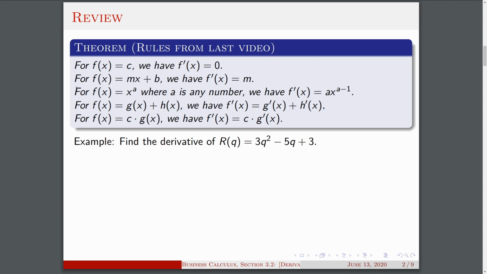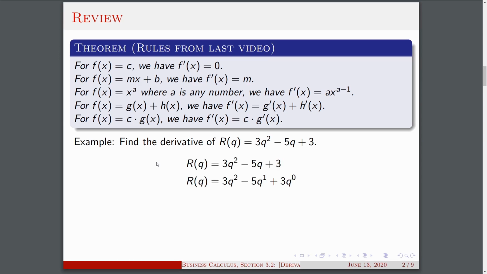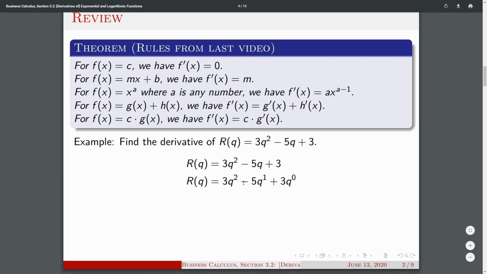All right, but there's a few combinations of ways that we could use these first three rules. And just for consistency's sake, it might help during our review to talk about that for just a moment. So we could write this function in a way that we only need this third rule here. So 3q squared, I'm just going to carry that down.